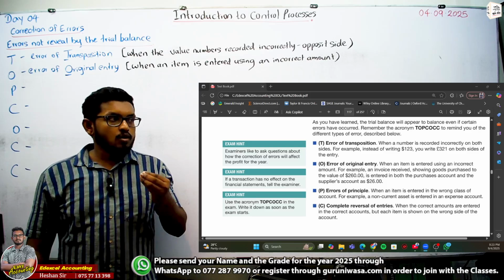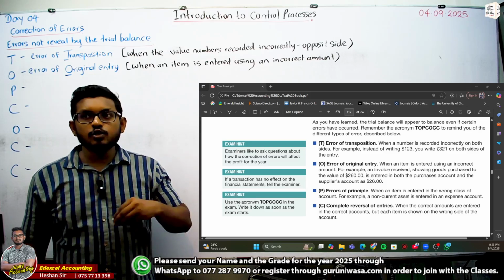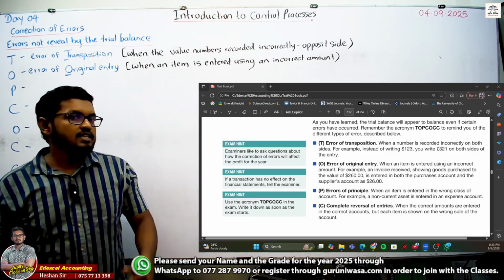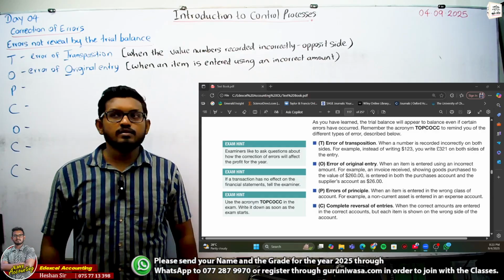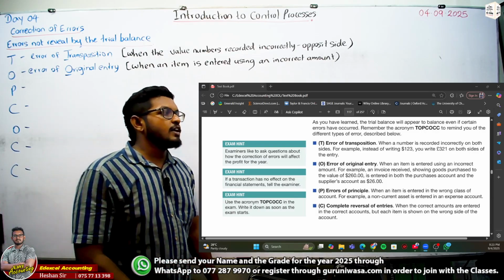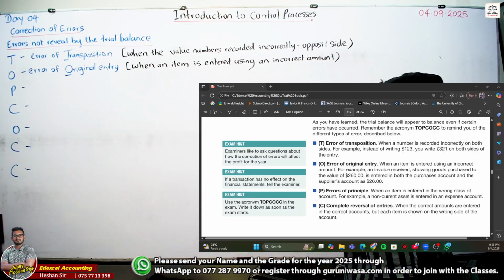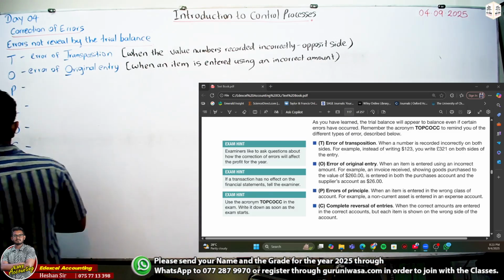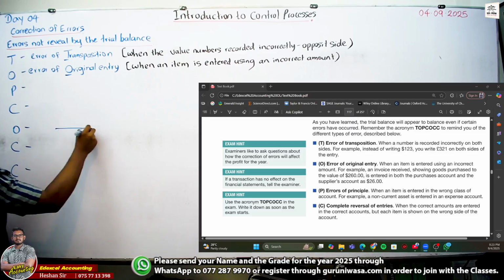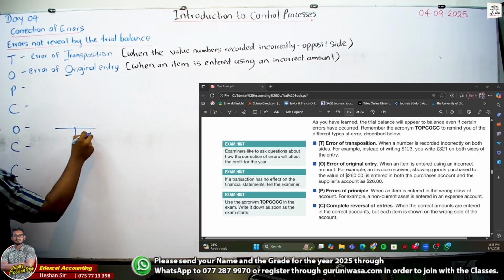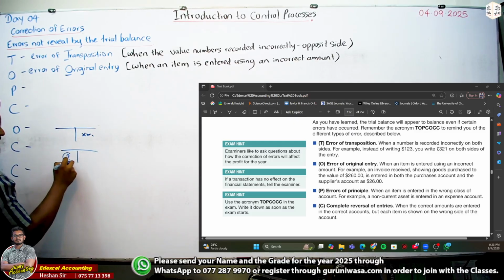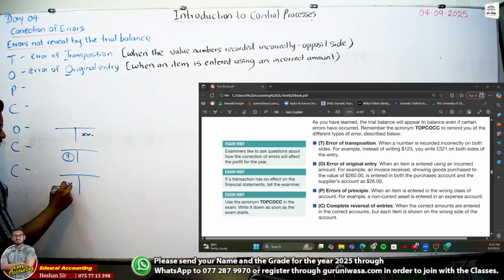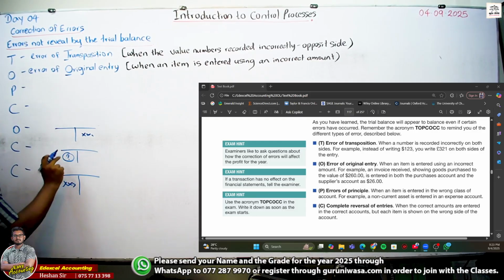If we purchase a motor vehicle for usage purposes, we need to debit the motor vehicle account. Mistakenly, we recorded it in the purchase account, so it is a principle error. There are both debit and credit entries, one debit entry and one credit entry, but we debited the incorrect account. So that is the term called errors of principle.